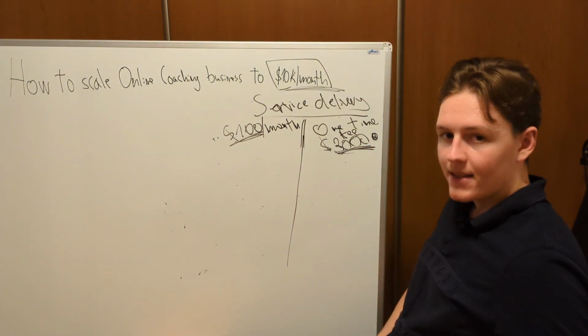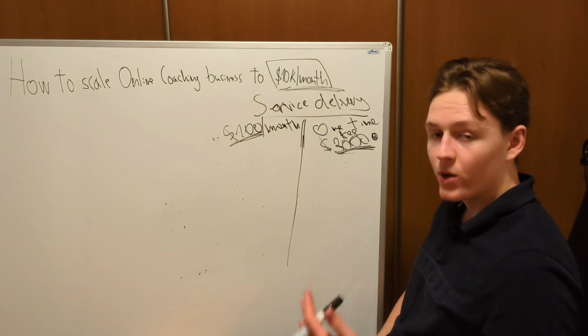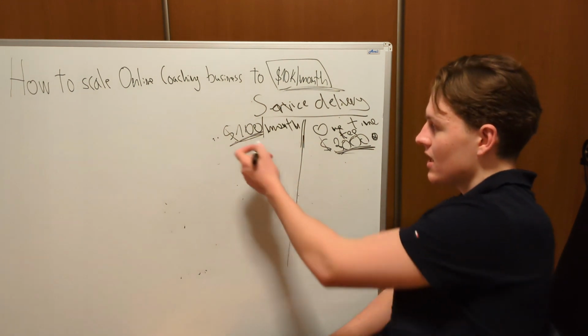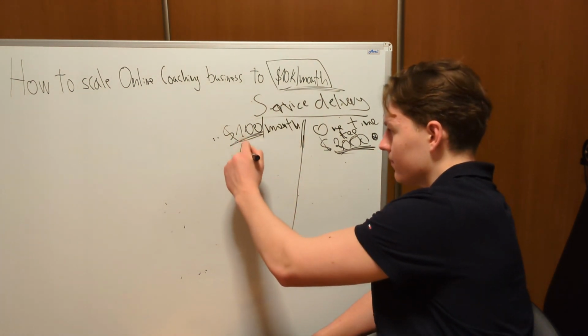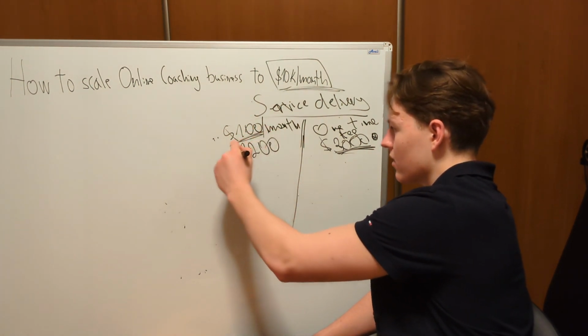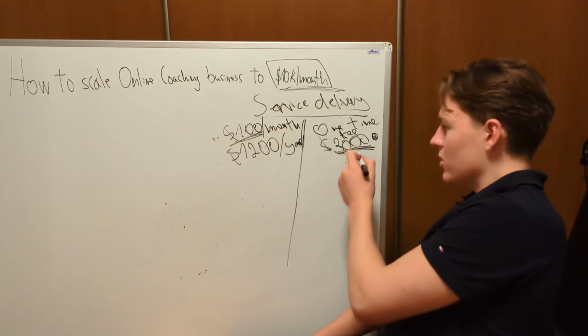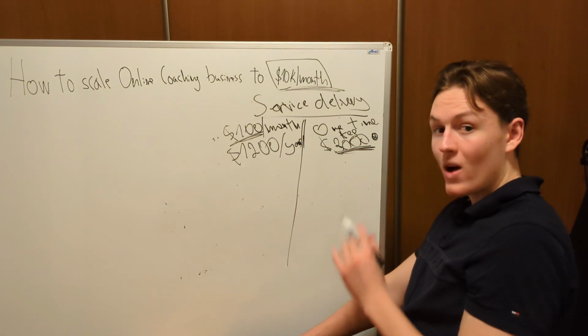Let's think about if you want to go with a small ticket per month price, because these people are gonna pay you $1,200 a year, and these ones are only gonna pay you the $3,000 once.